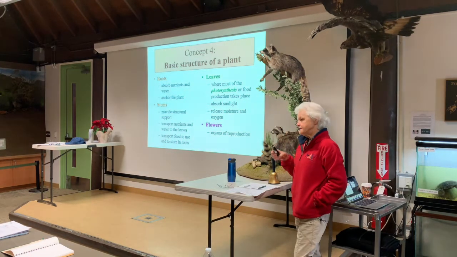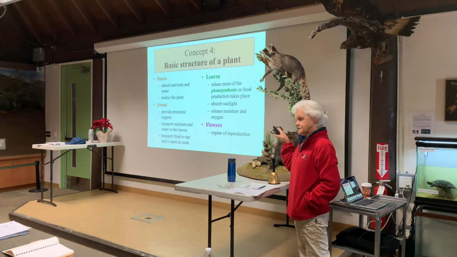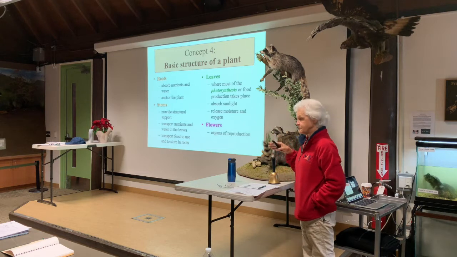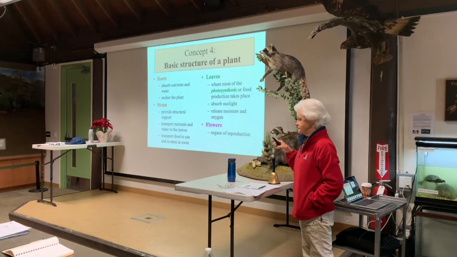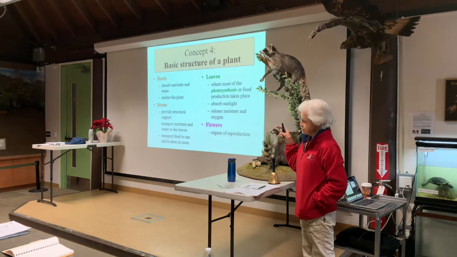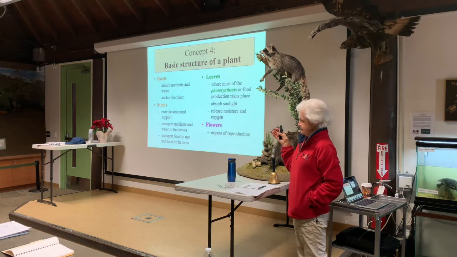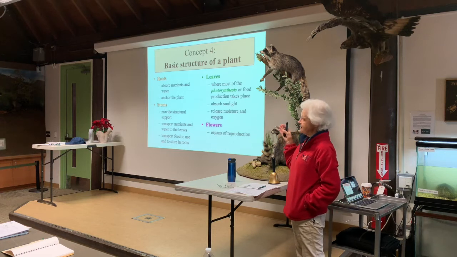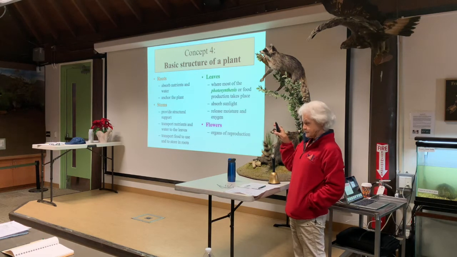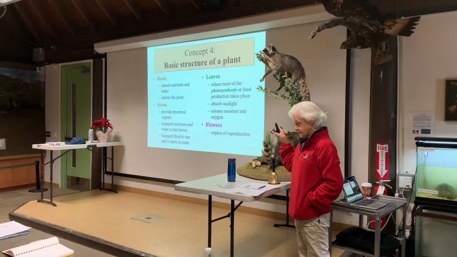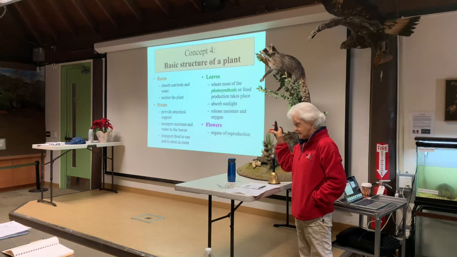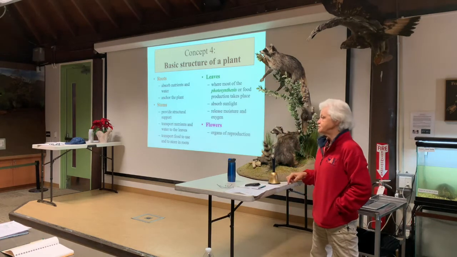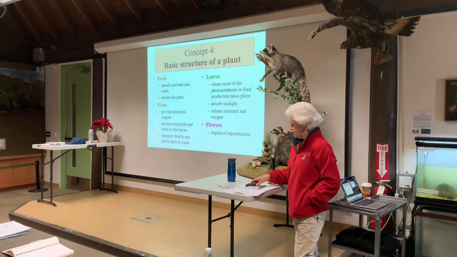And in the leaves, then, the photosynthesis occurs, or in the green parts of the plant, the photosynthesis occurs, and the sugar, which is the food that is produced by the photosynthesis, part of it is used up there, but it's transported back down to the roots for storage.